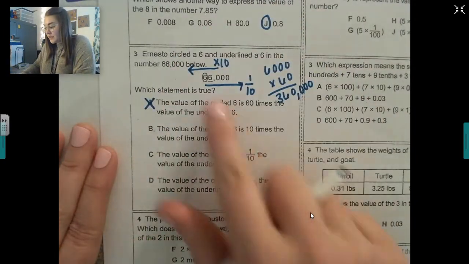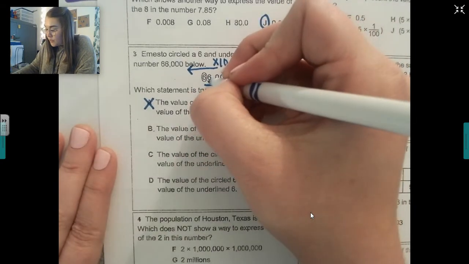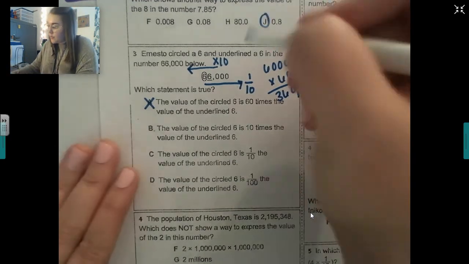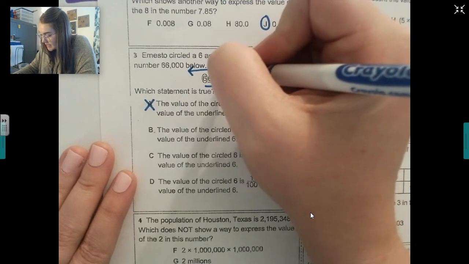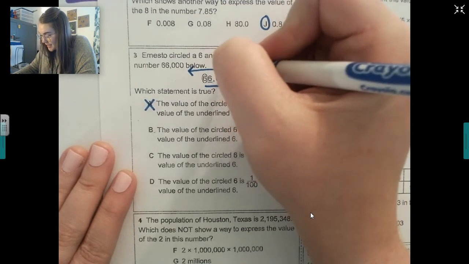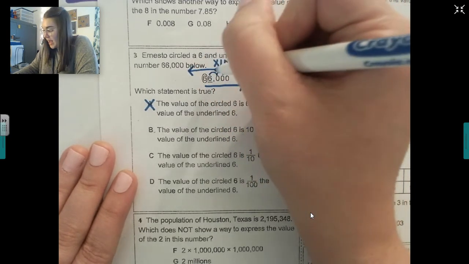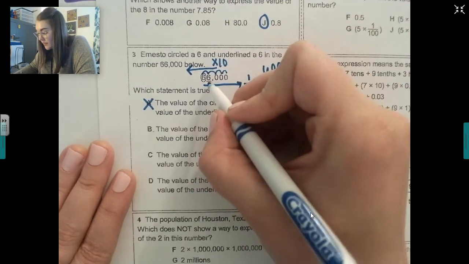The value of the circled 6 is 10 times. So I moved over my place value once. Every time you move up a place value, it is 10 times bigger. So tens is 10 times bigger than ones. Hundreds is 10 times bigger than tens. Thousand is 10 times bigger than hundreds, and 10,000s is 10 times bigger than 1,000s.